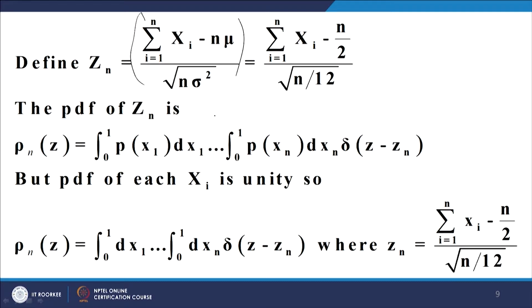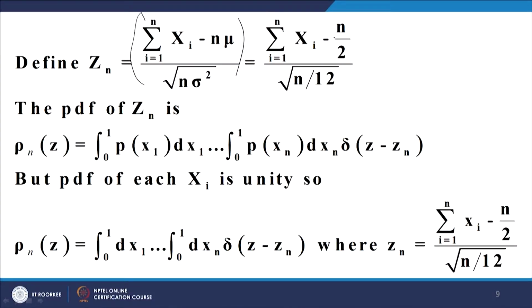So, we define the random variable capital Z_n. Now, please note the difference between capital Z and small z, and capital X and small x. Capital X is the random variable; small x represents the values that the random variable capital X can take. So, small x is the spectrum of values that capital X can take.